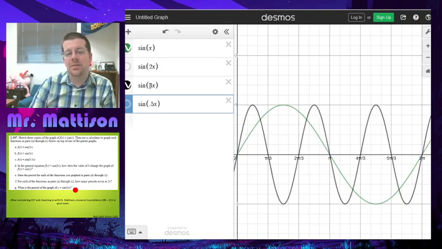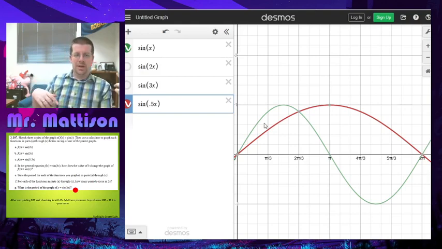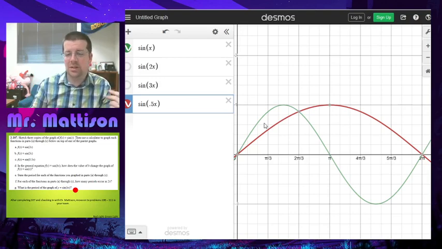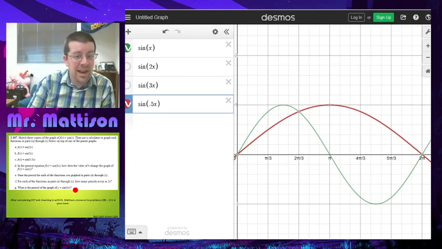Then for 3 it was 2 pi over 3. And then for 0.5 it was 4, which is the same as 2 pi divided by a half, because if you divide by half you multiply by 2, right? So hopefully that's a little bit harder to see, but it should make sense, right?